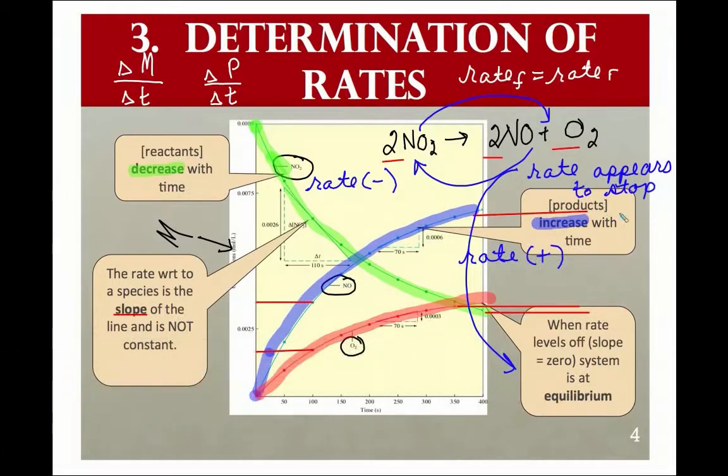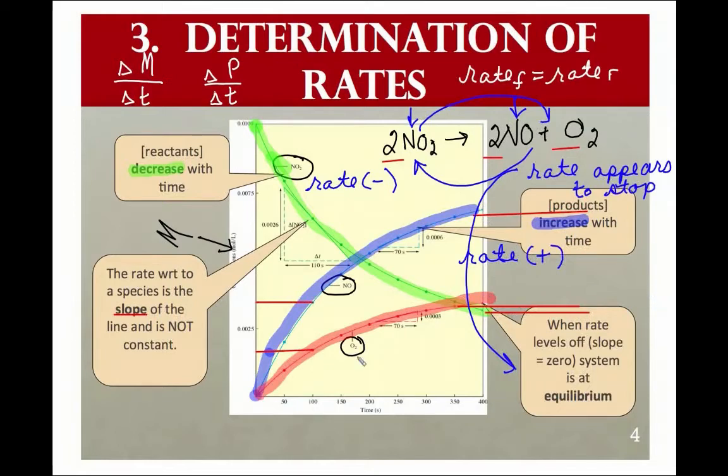And so at the molecular level, if we could tag one of these maybe with an isotope or more likely a radioactive isotope, then we could trace it and we would find if, for instance, it was the nitrogen, sometimes it would be in the product, sometimes it would be in the reactant. So on the molecular level out here, we still have changes. Okay, so that's when these level off.